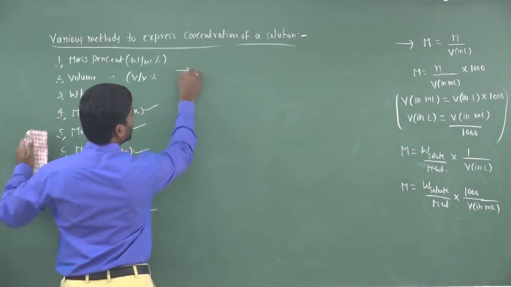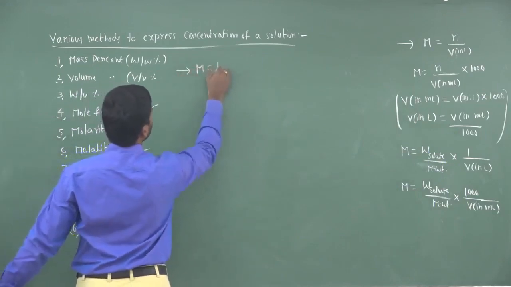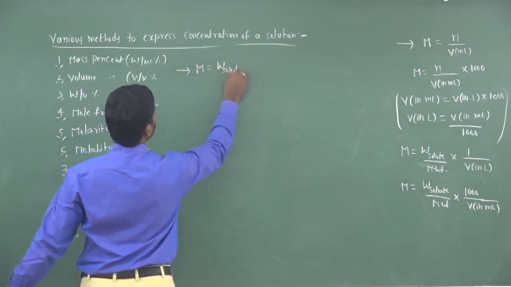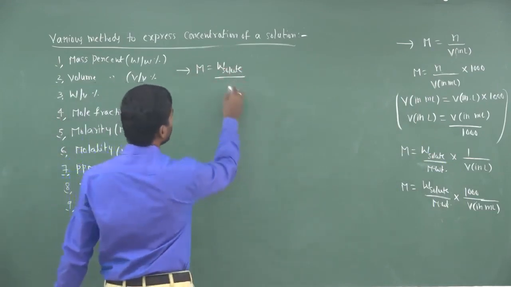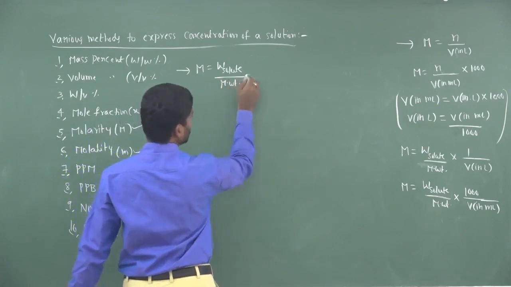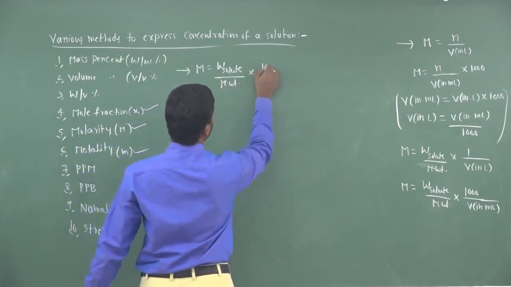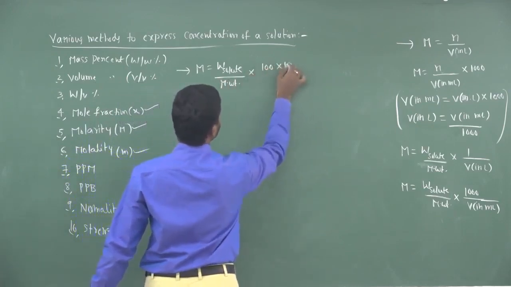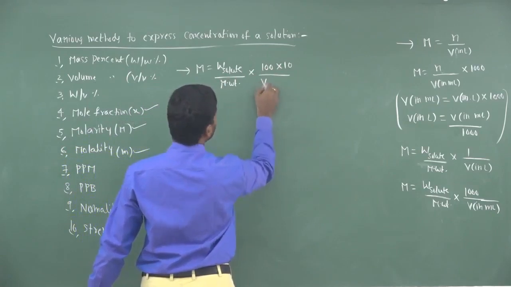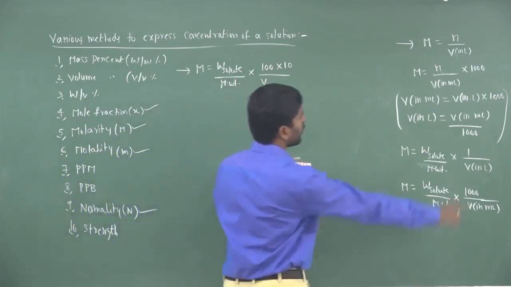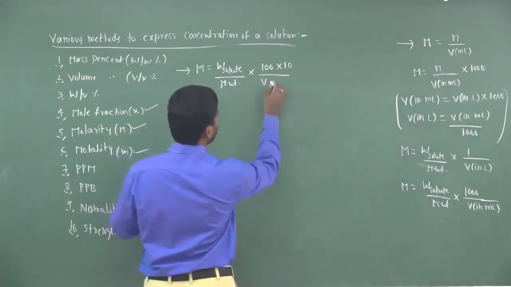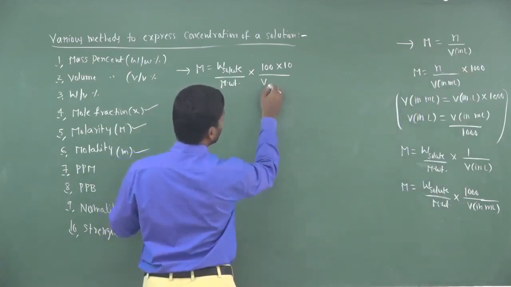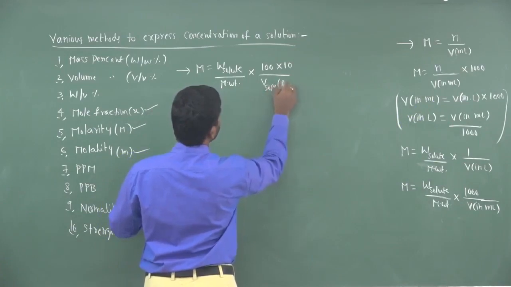Next, that may be written as molarity is equal to weight of solute by molecular weight into 1000 by volume of solution in ml.